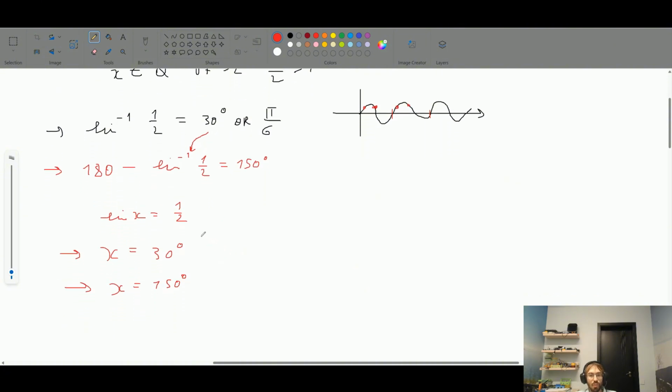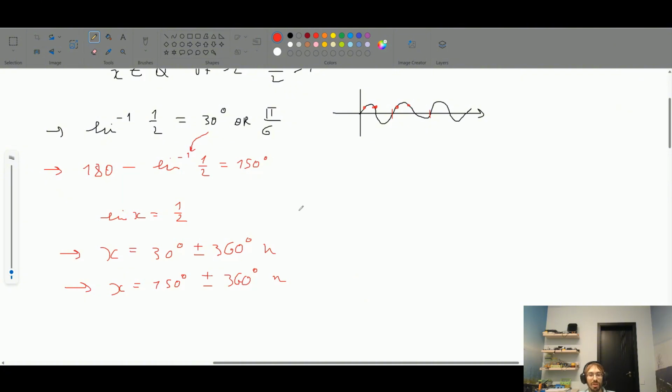But then we need to add and subtract 360 degrees times n, which means that this root will be able to appear again and again on the next periods of the function of sine.